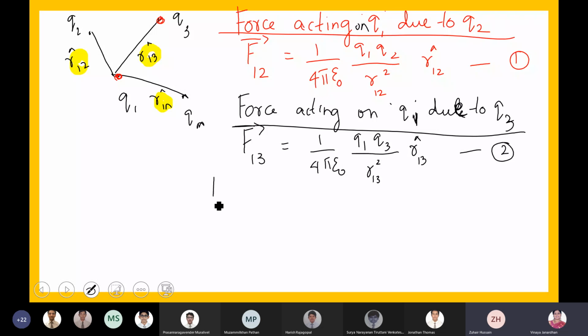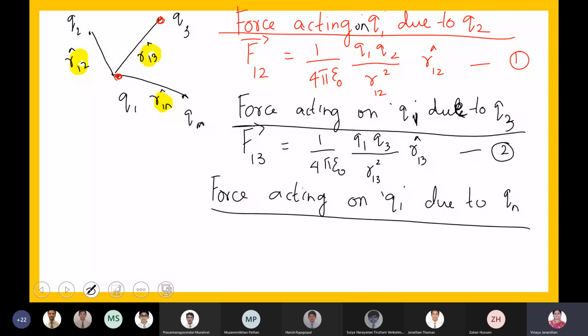What will be the force acting on Q1 due to the charge Qn, the nth charge? What should I write? F1n.